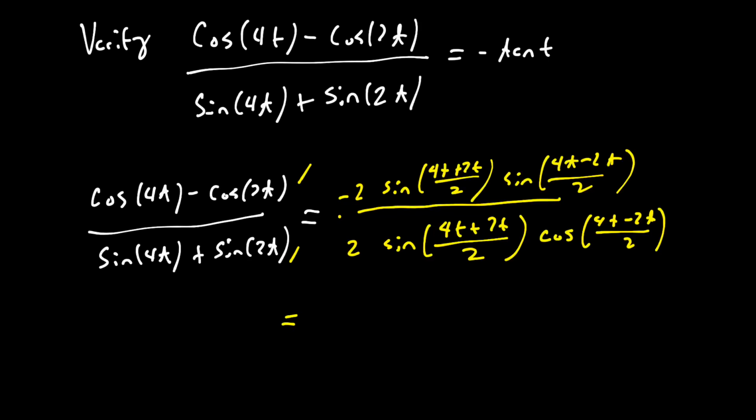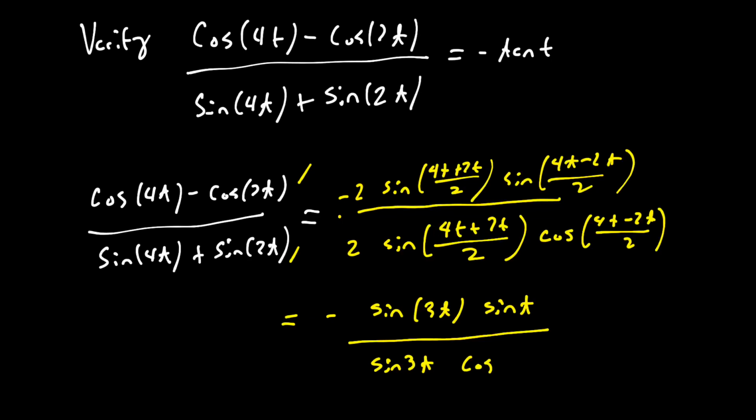So this is equal to, the 2's cancel, and we're just left with a negative up top. So we'll have a negative sine of 3t times sine of t divided by a sine of 3t times a cosine of t. So our sine of 3t's cancel out, and we're left with a negative tan t. And we're done with this verification.